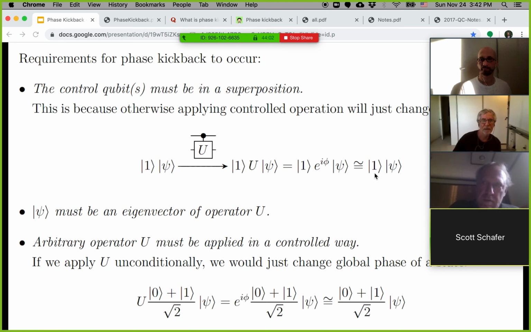So that's the reason to have not some arbitrary number, but e to the i phi here.